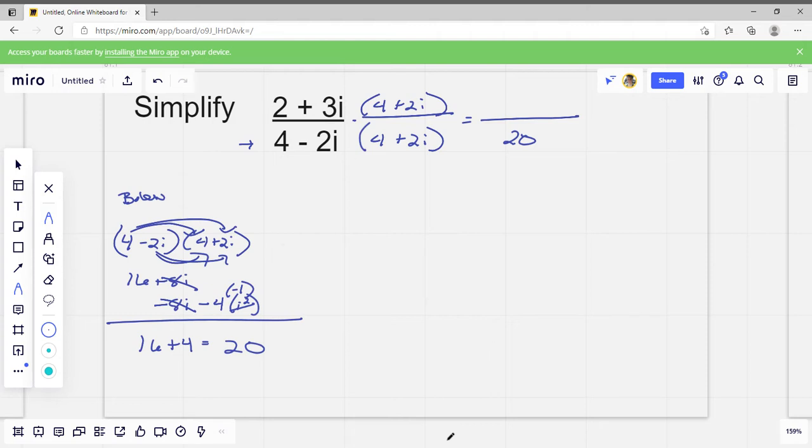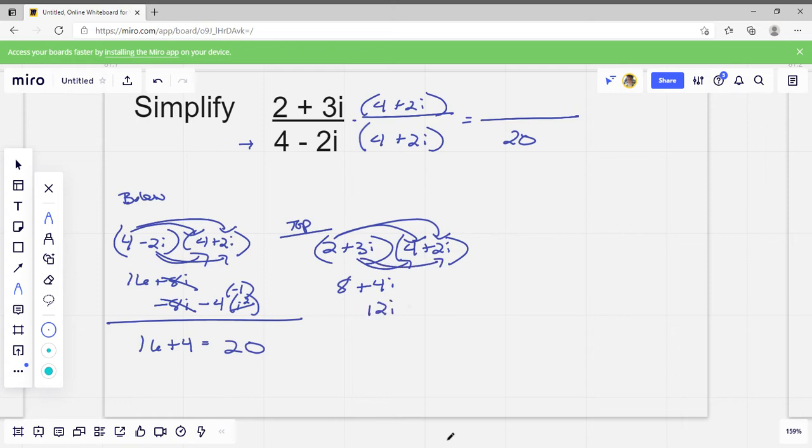Okay, and now we're going to do our top. That would be 2 plus 3i times 4 plus 2i. 2 times 4 would be 8. 2 times 2i would be 4i. 3 times 4 would be 12i.